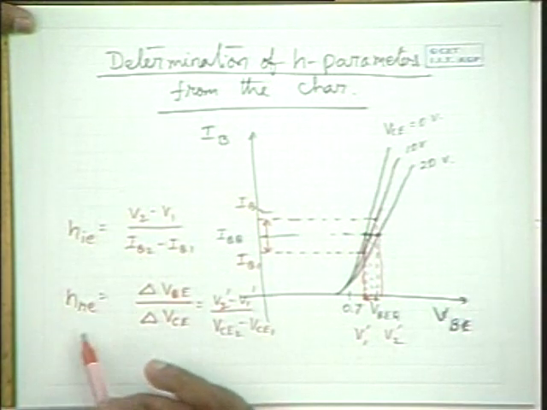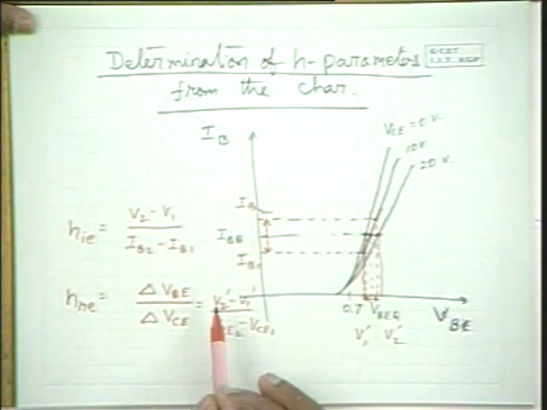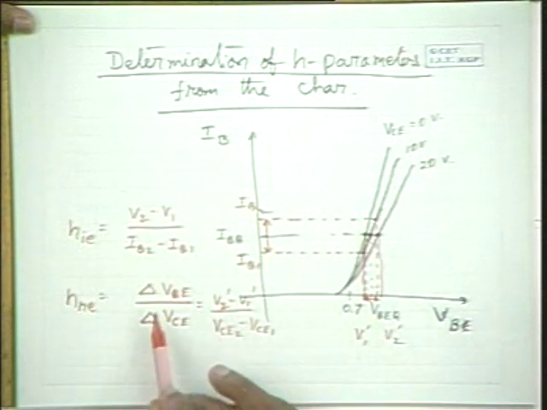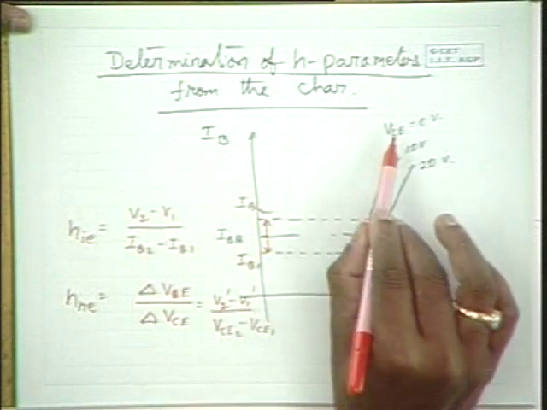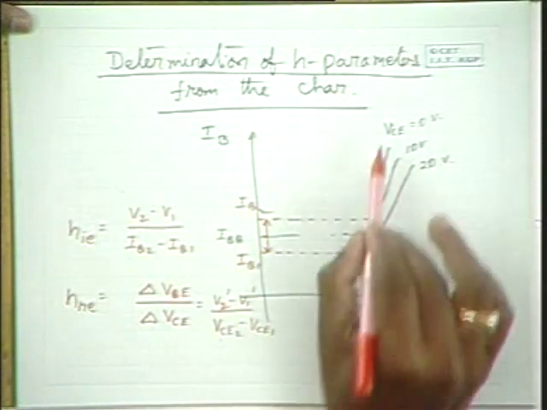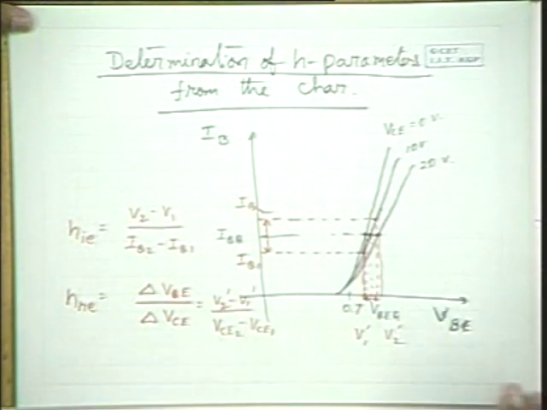And please note that HRE is the VBE to VCE ratio when the IB AC component is 0, that is, when IB is maintained at IBQ. So that's why it is equal to HRE.